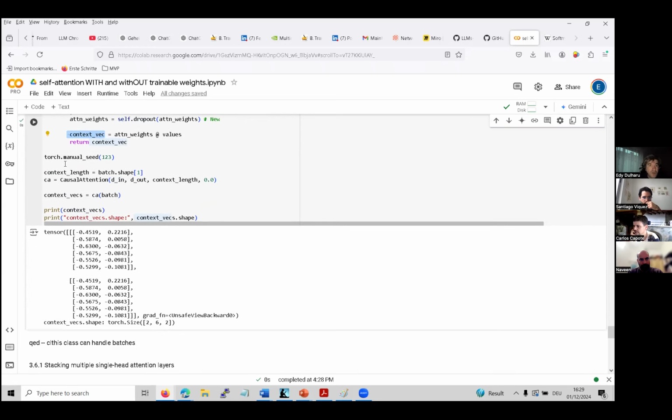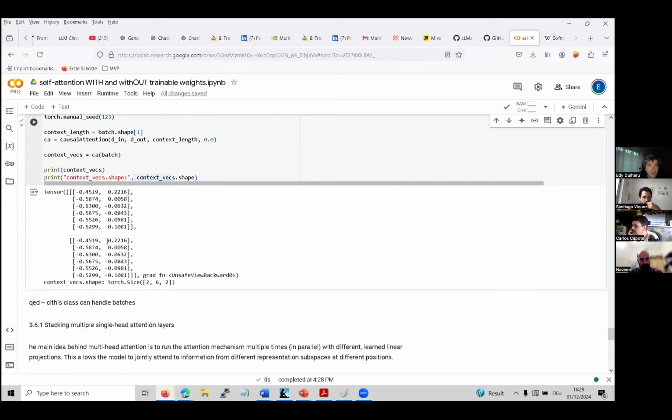So what we have here is a stacked tensor which corresponds to each entry within the batch, which had two entries.